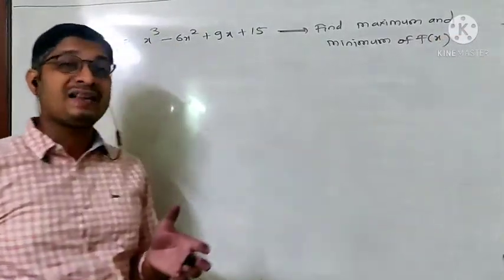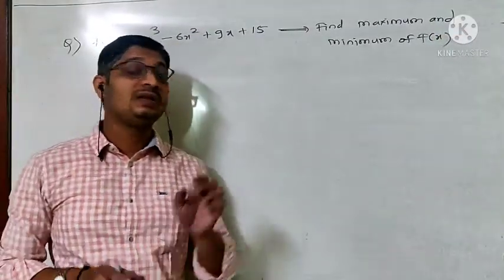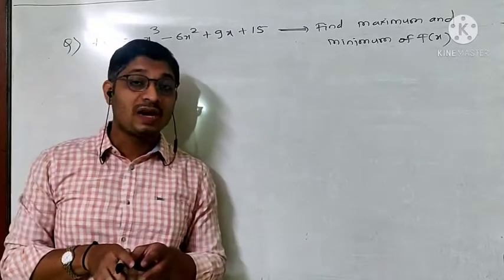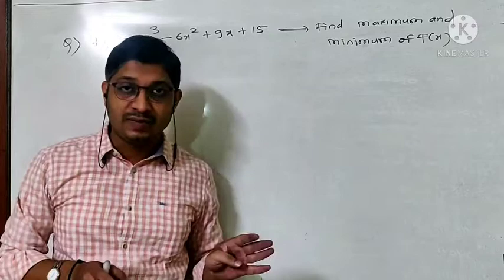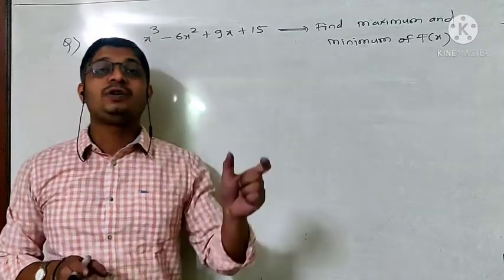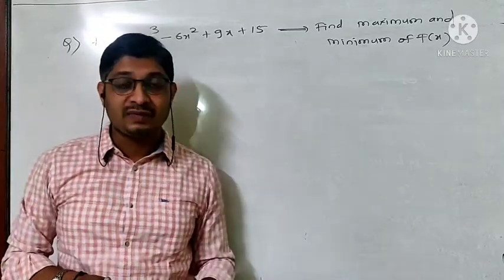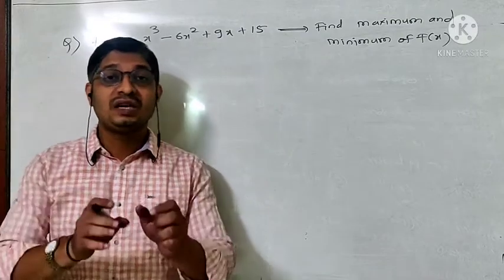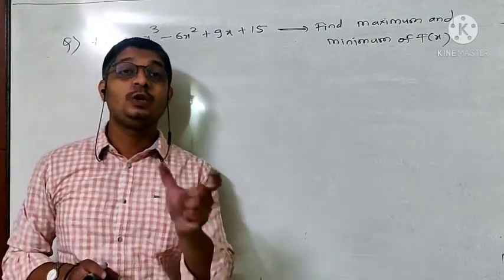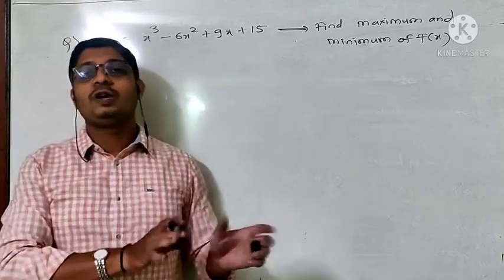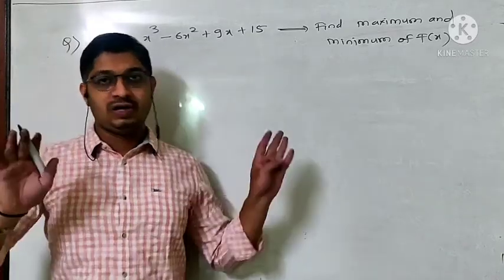If they have asked us only for the maximum or the minimum, that means they are asking about the absolute maxima and absolute minima. The absolute maxima is known as the global maxima and the absolute minima is known as the global minima. Unless and until they have used the word local, we are not going to entertain local maxima and local minima.